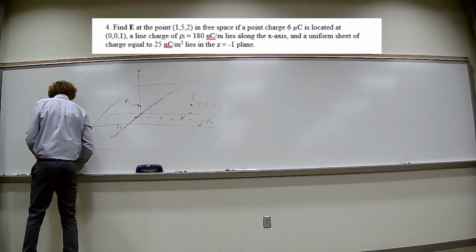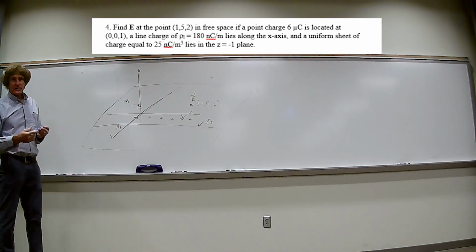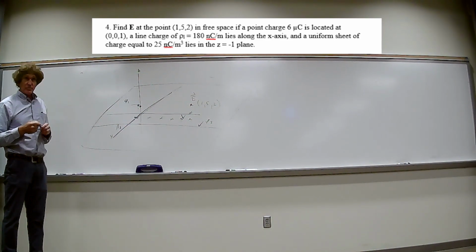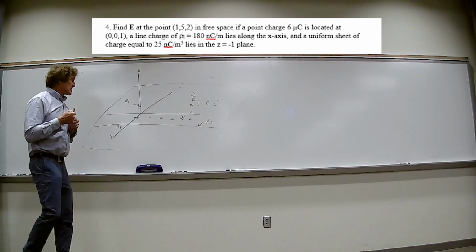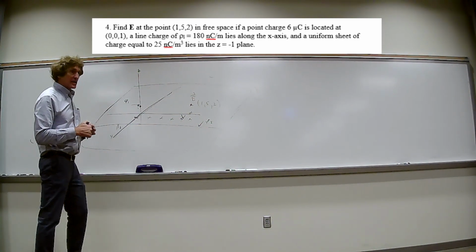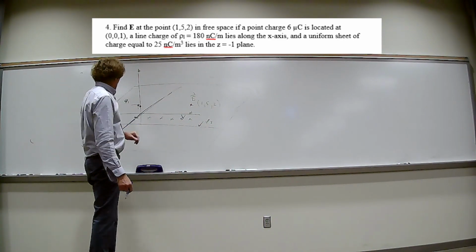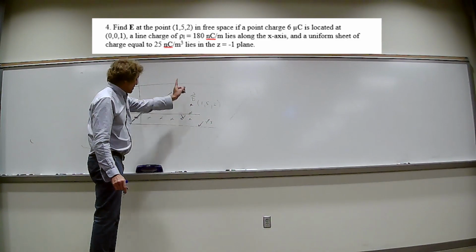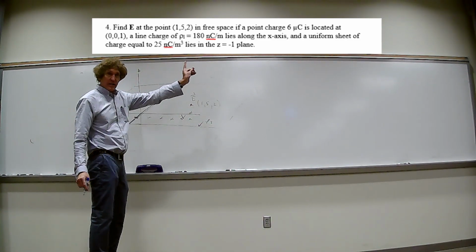Can y'all follow me, class? I'm just trying to draw this up so you can get an appreciation of what we're after. We're after the field there, which will be the sum of all the field components. Y'all agree with me? So if you look at this, first the electric field from this sheet of charge is going to be in the positive z direction. Do y'all agree with that, class?